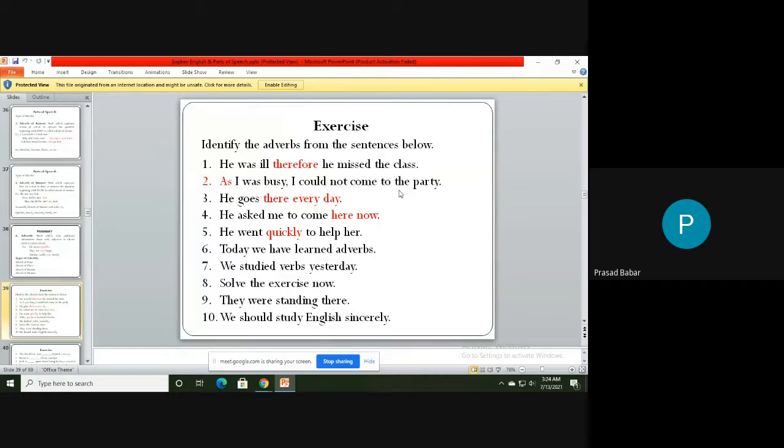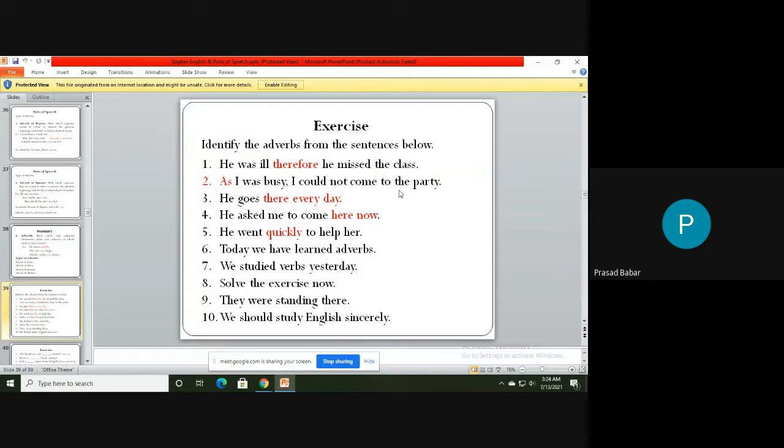If we ask this question to the sentence, then it will give the answer as here. And that is why here is the adverb of place. And when did he ask me to come here? If we ask with this question, then it will answer as now. So now is the adverb of time and here is the adverb of place.